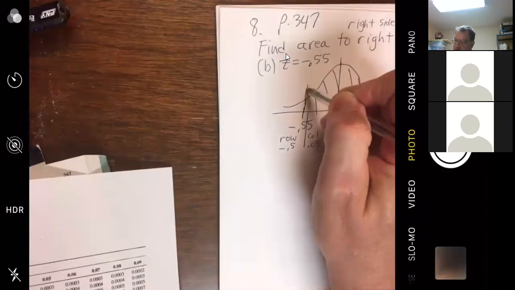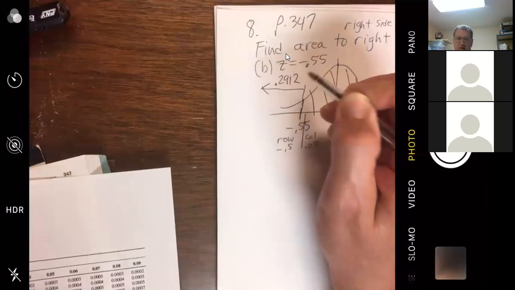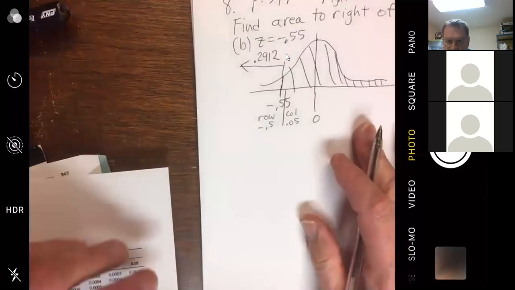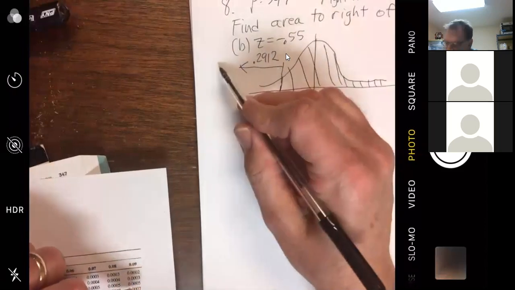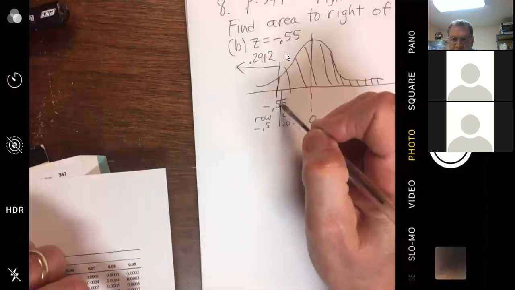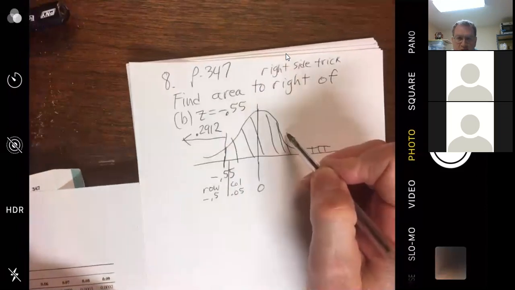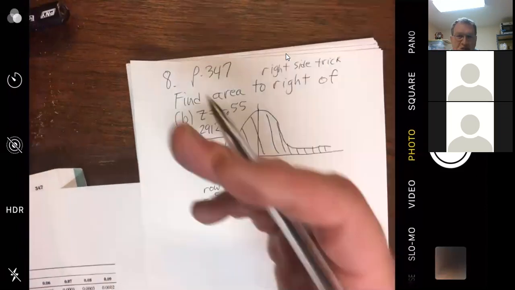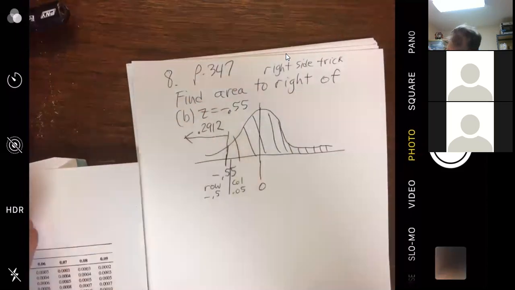That's this way. That's why I call these tricks. 29% of the numbers are below that, left of that. But I wanted it to the right. Subtract from 1.